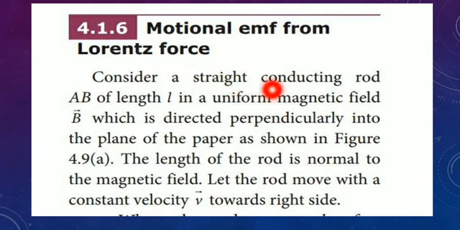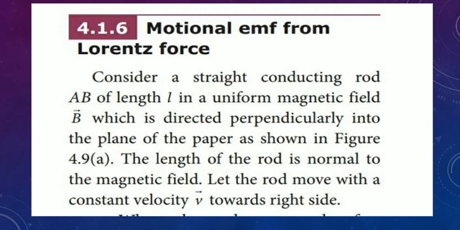Consider a straight conducting rod AB of length L in a uniform magnetic field B, which is directed perpendicular to the plane of the paper. The length of the rod is normal to the magnetic field.